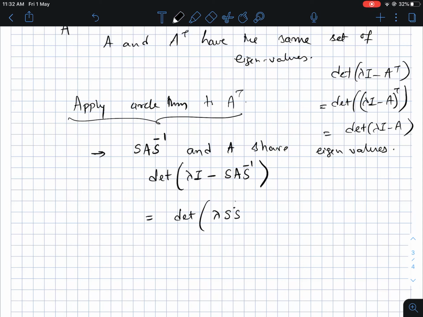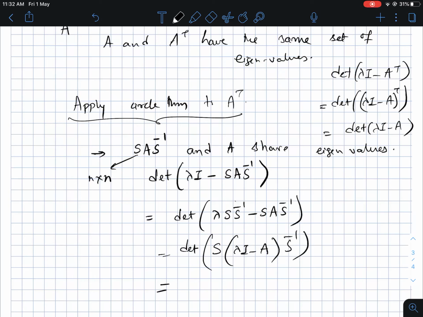So det of S S inverse minus S A S inverse, where S is some n cross n square invertible matrix. That's going to be the determinant of S times lambda I minus A times S inverse. Now because the determinant is multiplicative, this is going to give you det S times det of lambda I minus A times det S inverse.